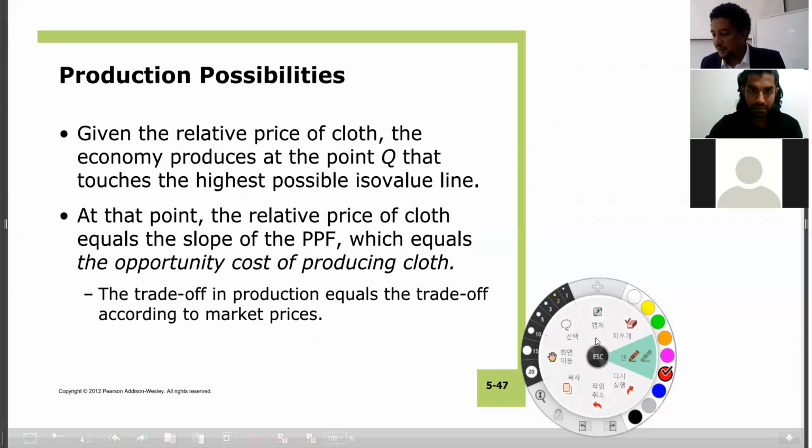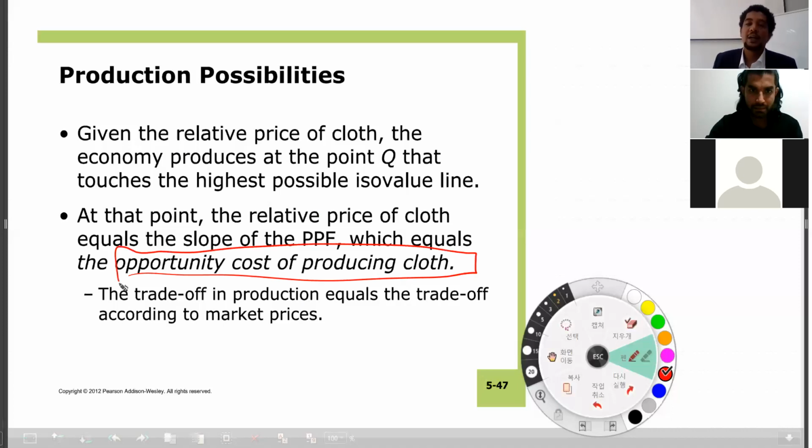So given the relative price of clothes, the economy produces at the point Q that has the highest possible ISO value line, all right? At that point, the relative price of clothes equals the slope of the production possibility frontier, which equals the opportunity cost of producing both.